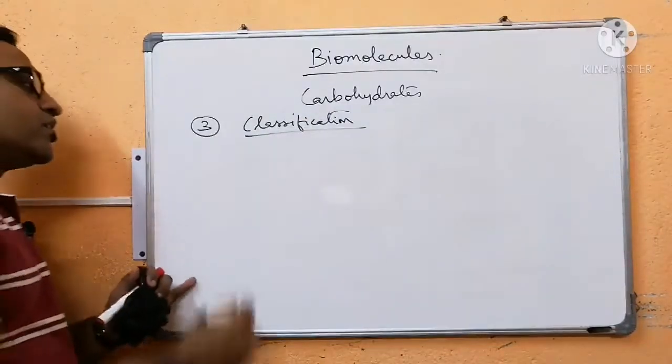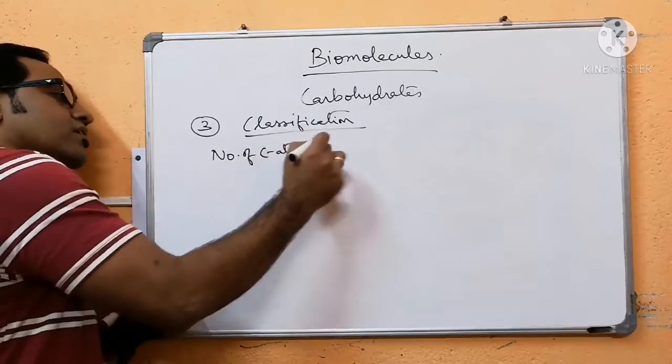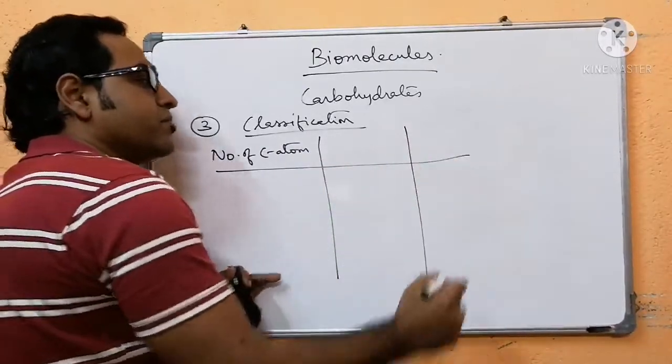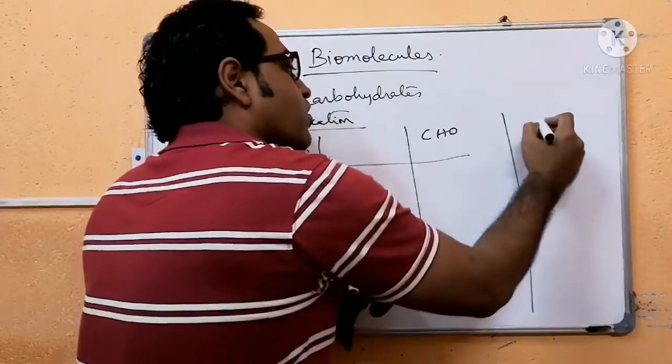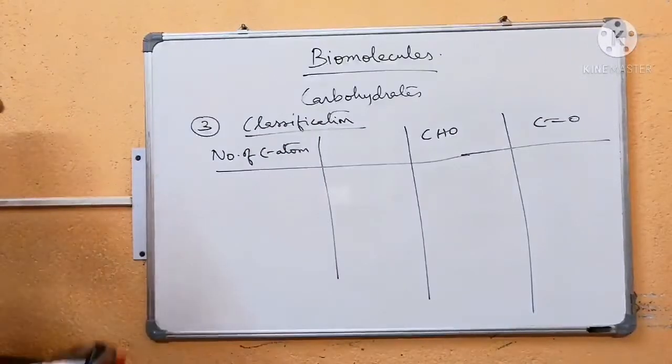Classification. So if you take the number of carbon atoms, the general name, if aldehyde functional group is there or keto functional group is there, how do we classify them?